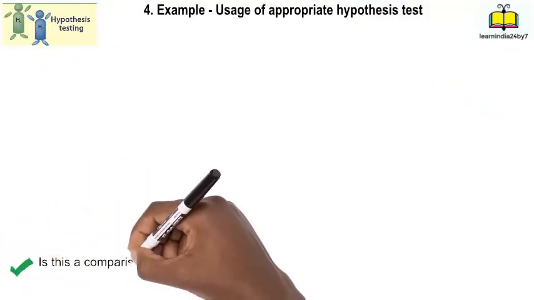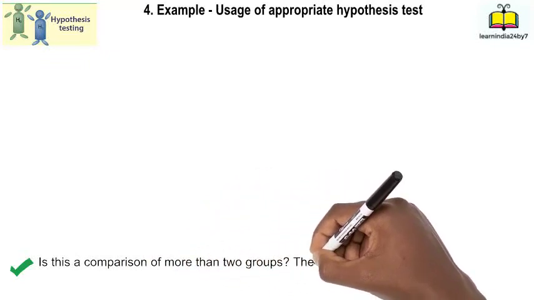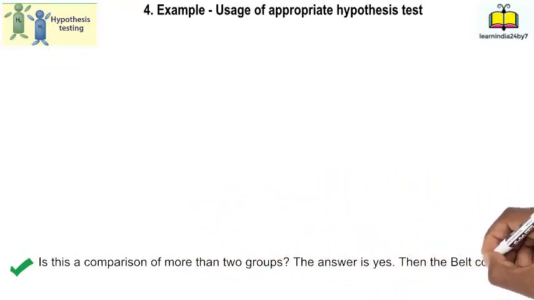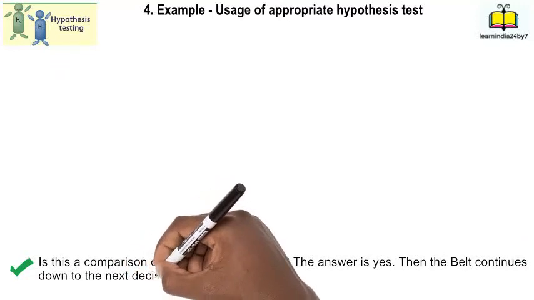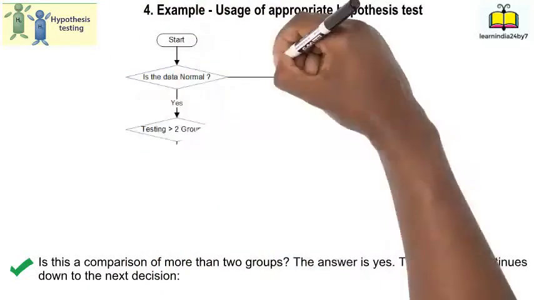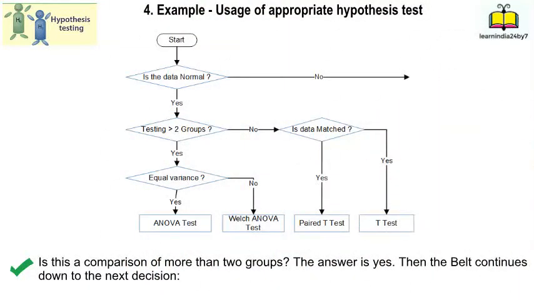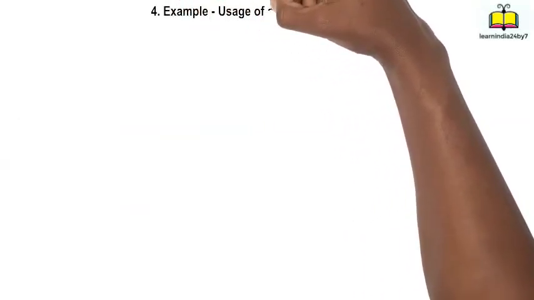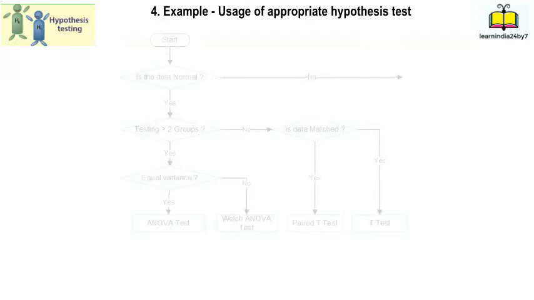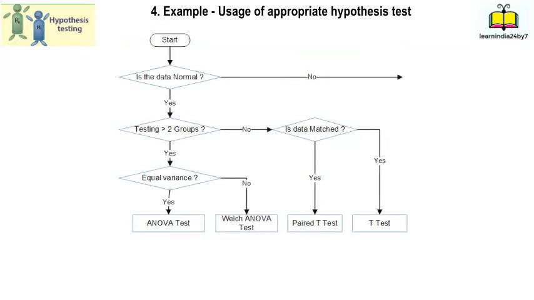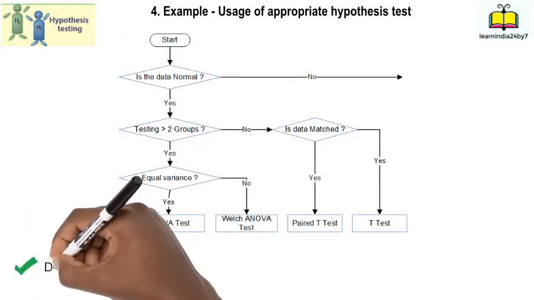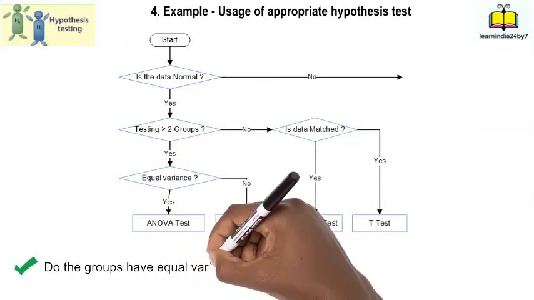In the next decision making step, the belt needs to check if it is a comparison of more than two groups. As answer is yes in this case, the belt moves down to next decision. So next decision to be checked is if the sample groups have equal variance.